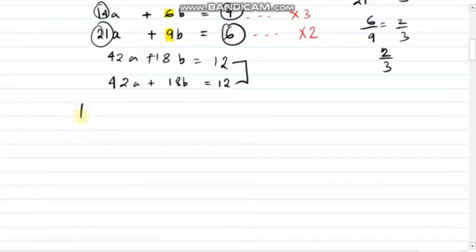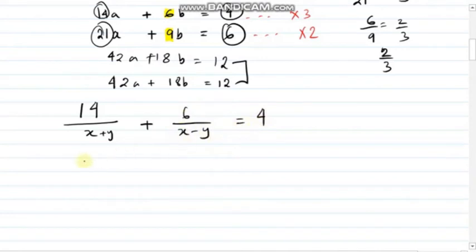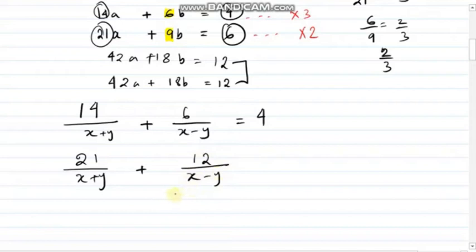That doesn't mean all linear equations have a solution. So suppose I change the equation to one we can solve: 14 divided by x plus y plus 6 divided by x minus y equals 4, and 21 divided by x plus y plus 12 divided by x minus y equals 7.